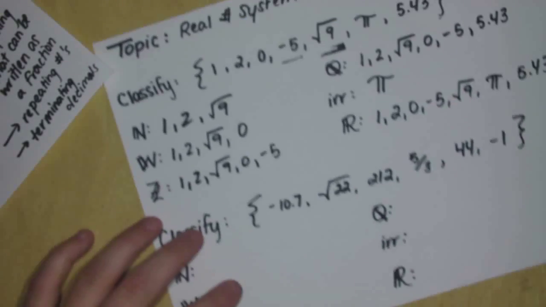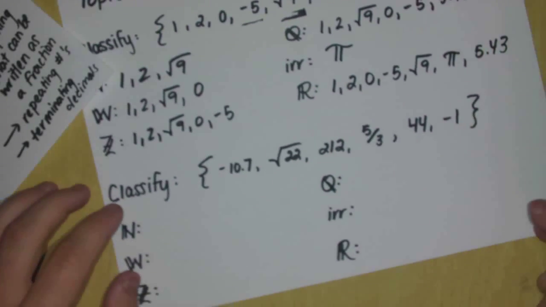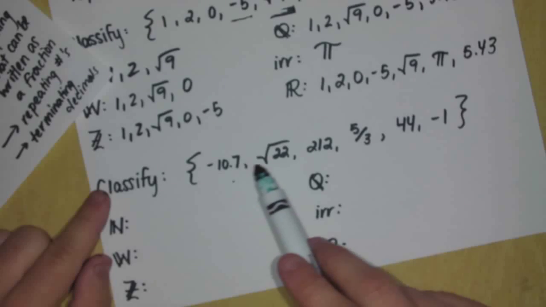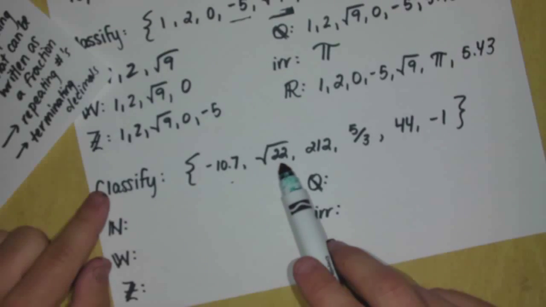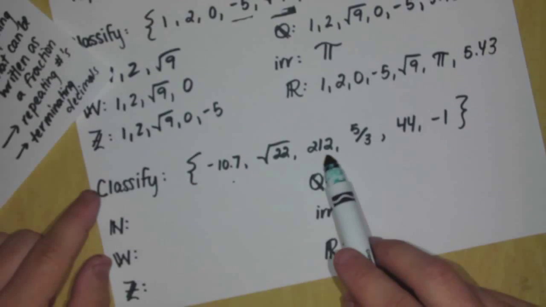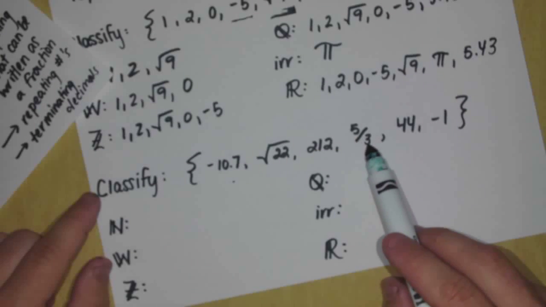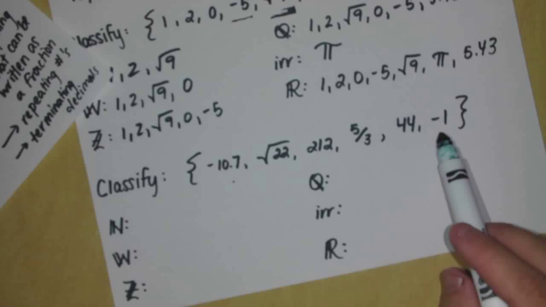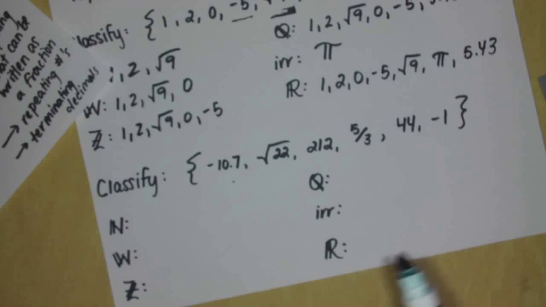Alright, maybe you want to pause the video and try and do this second example by yourself. You can see I have the number -10.7, square root of 22, 212, the fraction 5/3, 44, and -1. So I've got 6 numbers there.